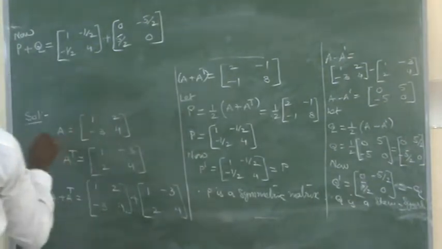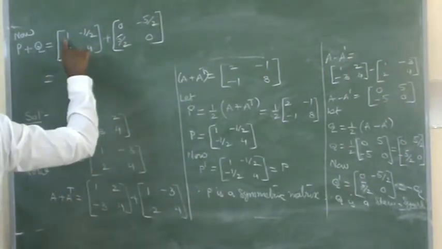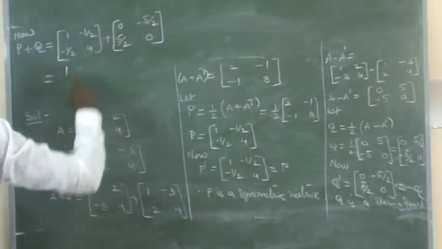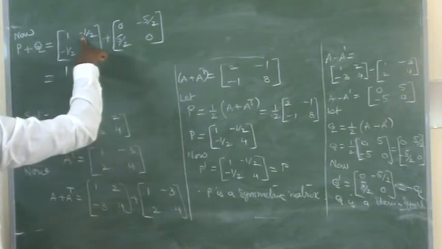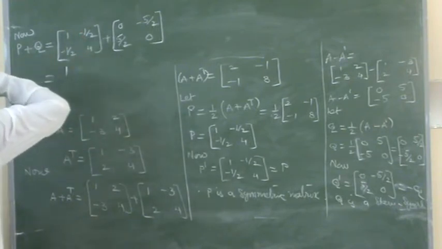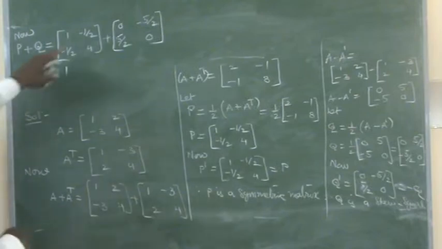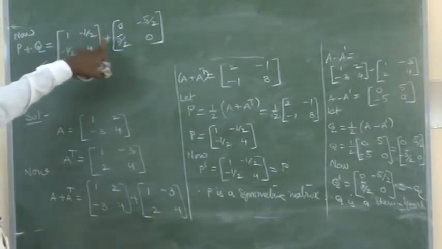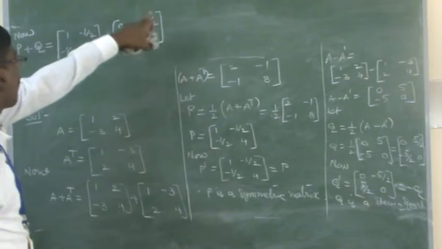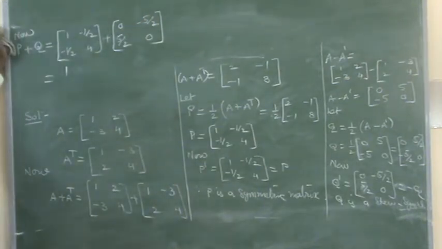Adding these two, what is the answer we are getting? 1 plus 0 is 1. Minus 1 by 2 plus minus 5 by 2.